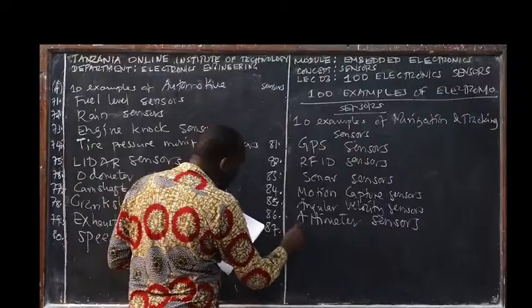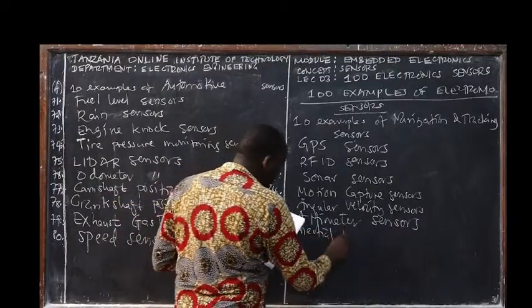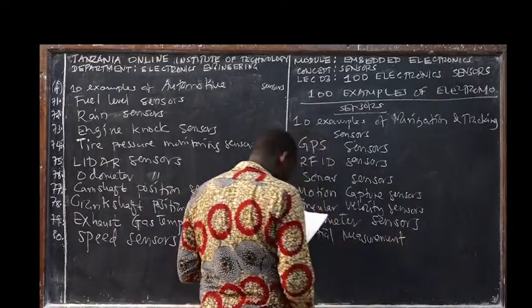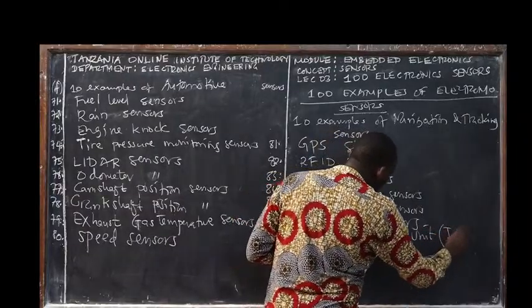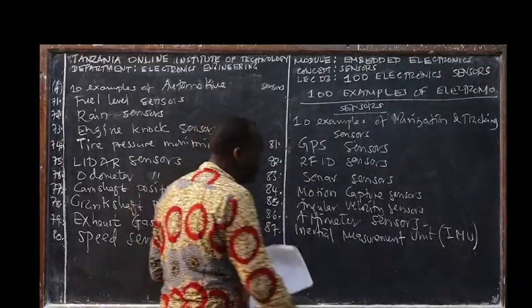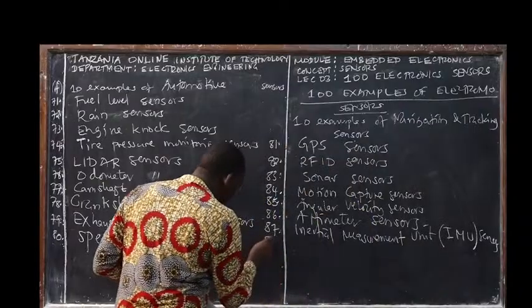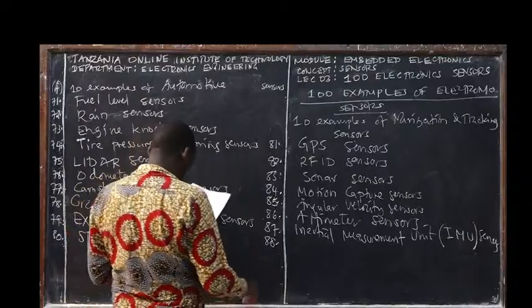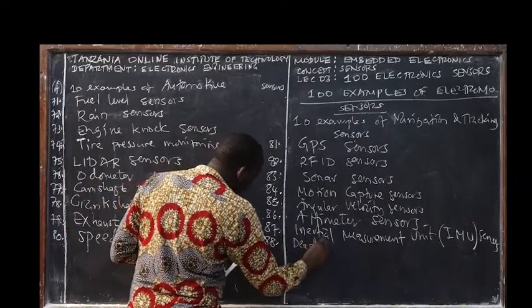Then the next one is called the inertia measurement unit, IMU. IMU what? Sensors. So example 88 is called the dead reckoning sensor.